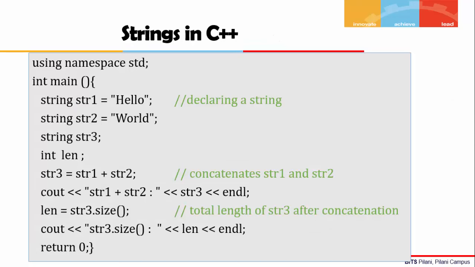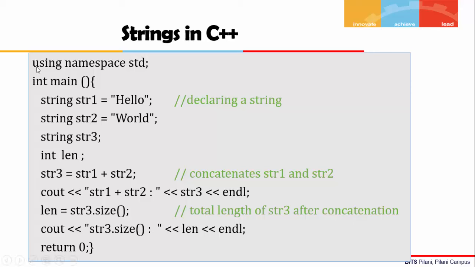Next, strings in C++. C++ provides a string class type that supports all the functionality to manipulate strings safely. So we have a string class in C++. The C++ string class is part of the std namespace.